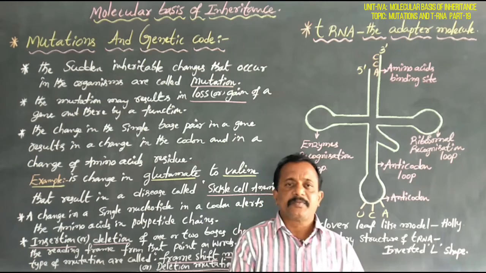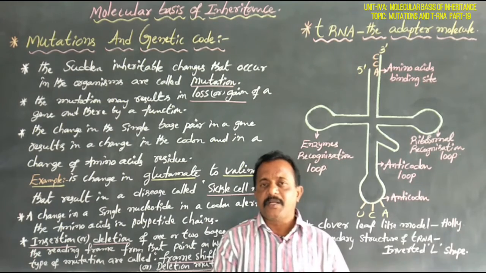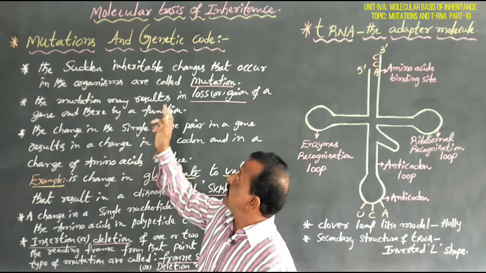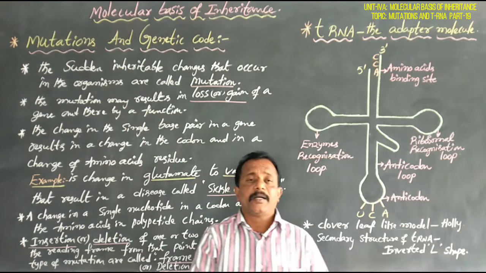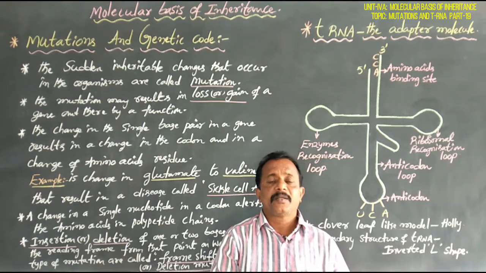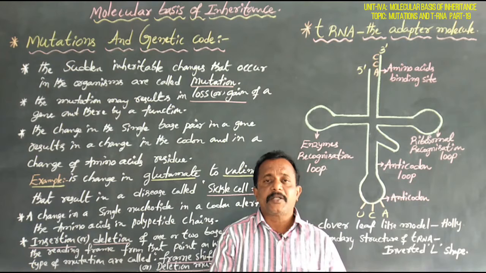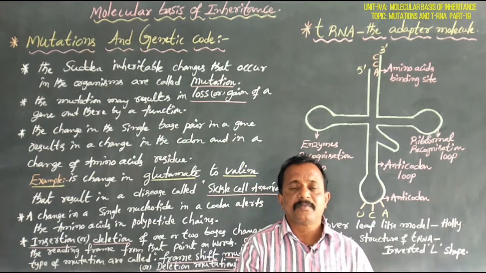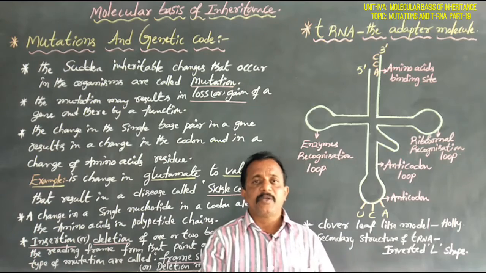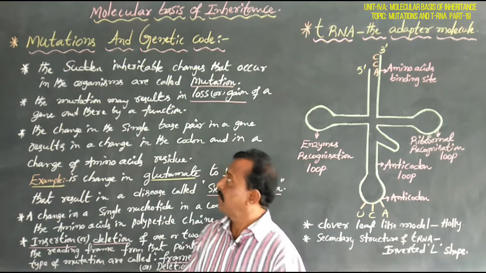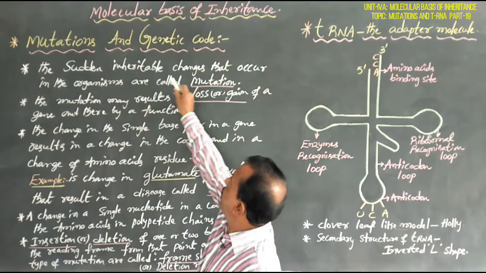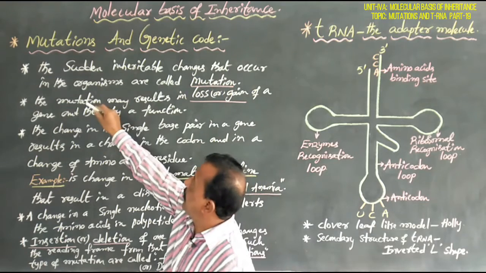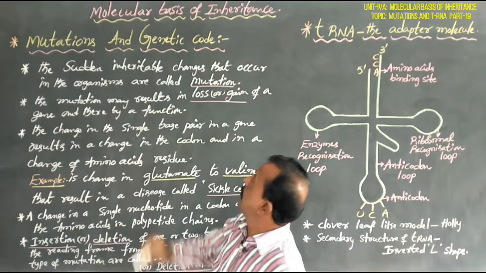Dear students, the relationships between genes and DNA were clearly understood in mutational studies. First, what is the meaning of mutation? The sudden inheritable changes that occur in organisms are called mutation.